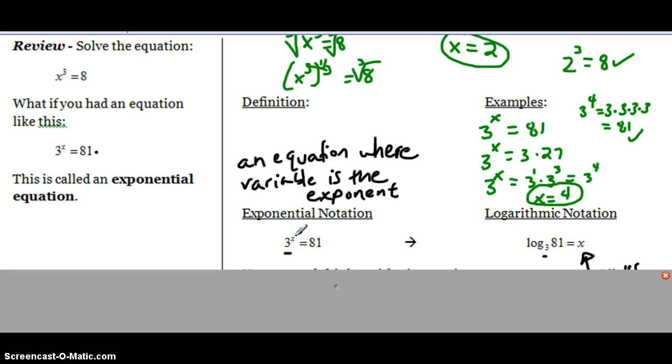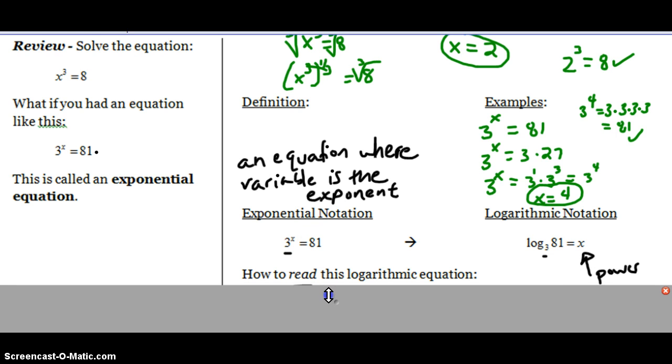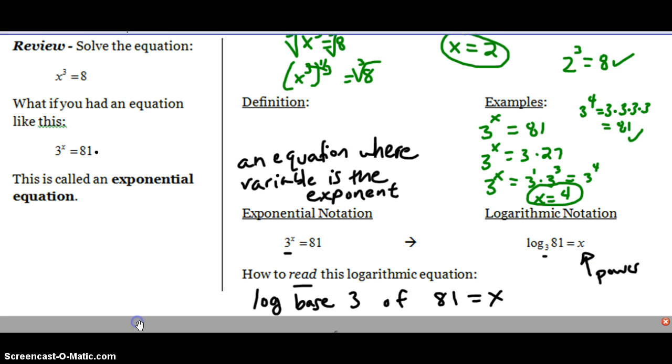So that's where you're going to start when you're converting between the two. The other thing to realize is this is always the power of your exponential. The way you read this equation is log base 3 of 81, whatever's here, is equal to x. And again, that's the power from this equation.